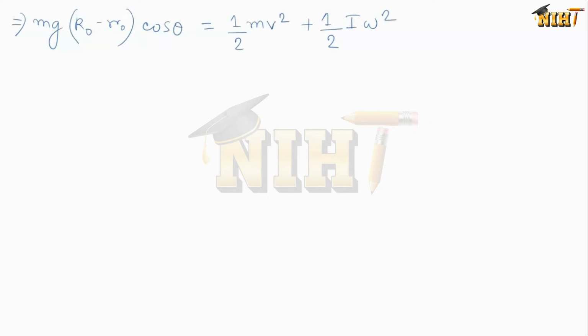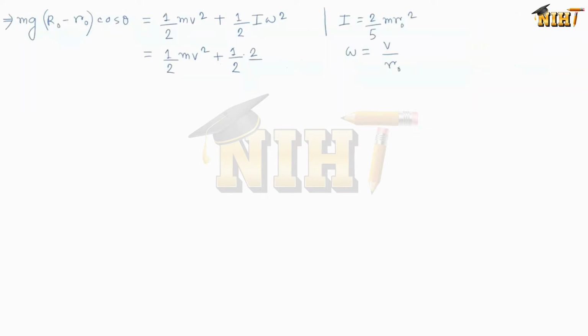Now for sphere, we know moment of inertia I equals to 2 by 5 m r0 square, and the value of angular velocity omega equals to v by r0. By putting the values, we get half mv square plus half multiply 2 by 5 m r0 square multiply v divided by r0 whole square.